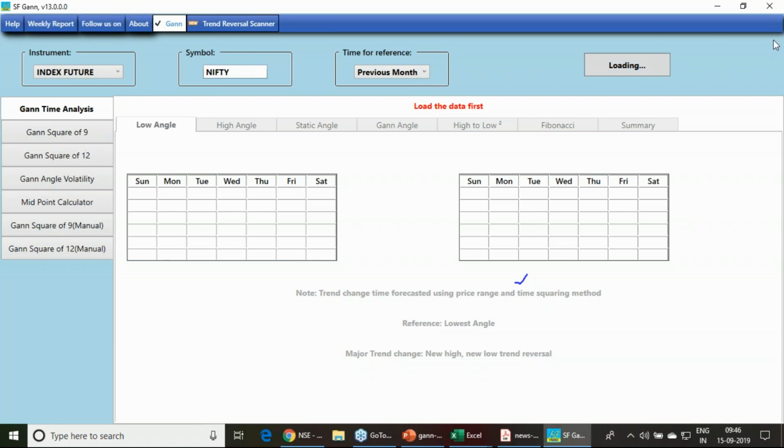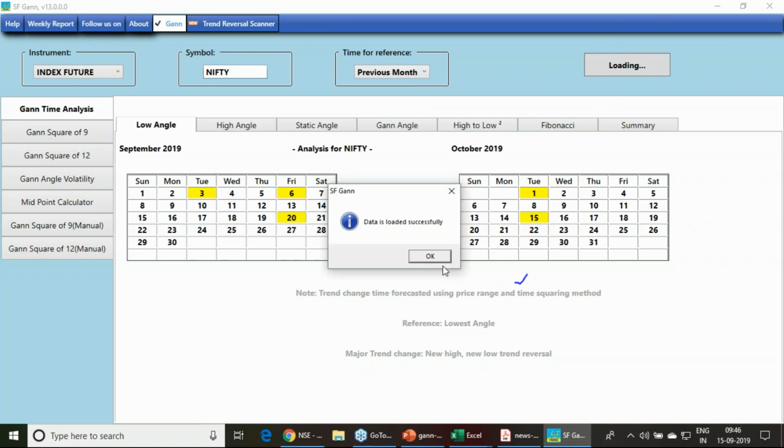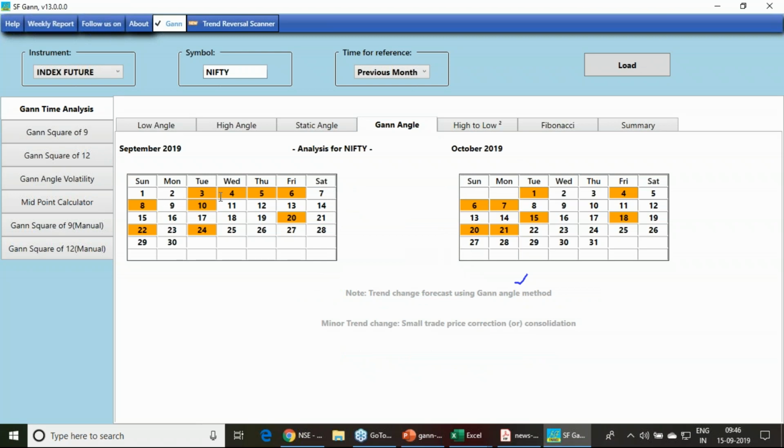Very carefully listen, many of you are software users. These are the days: 3rd, 4th, 5th, 6th, 8th, 10th, 24th, 22nd, 24th, 20th. These are the days you have the trend reversal as per the Gann angle method.